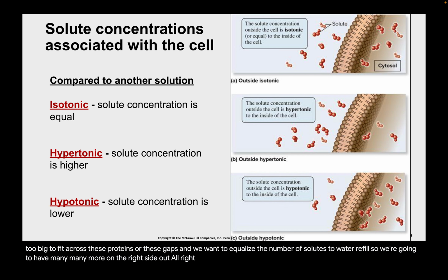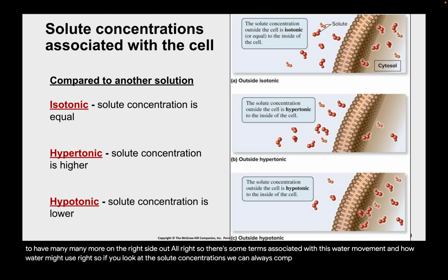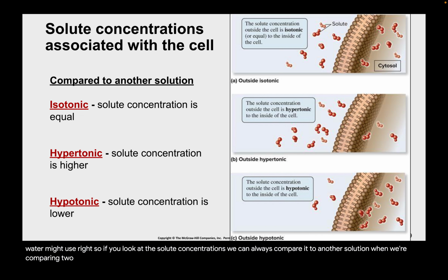All right, so there's some terms associated with this water movement and how water might move, right? So if you look at the solute concentrations, we can always compare it to another solution. When we're comparing two solutions together, or two sides of a membrane, we can use this terminology on the screen.